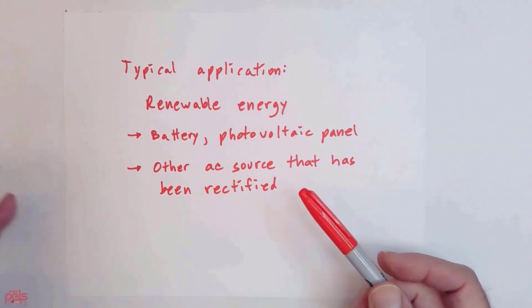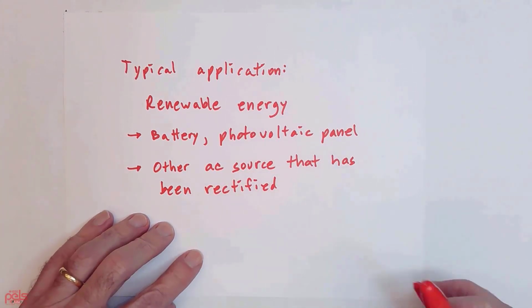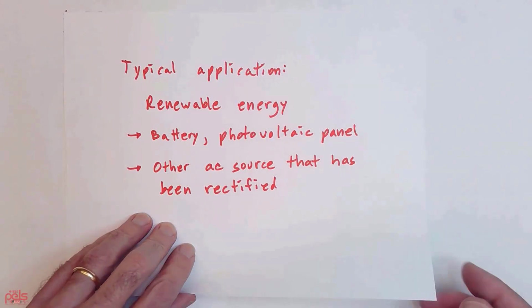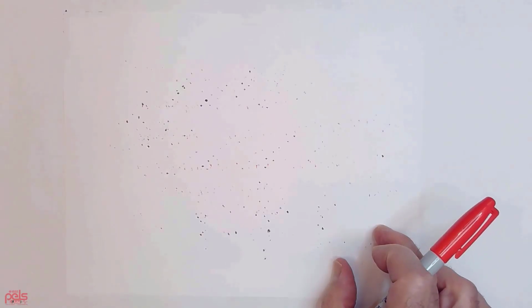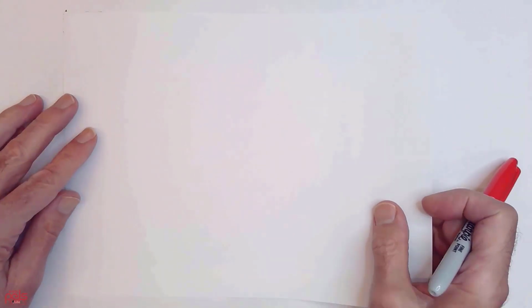So here we have some of the examples of what happens typically when I have a voltage source situation. Now, let's just emphasize that a tiny bit, right?